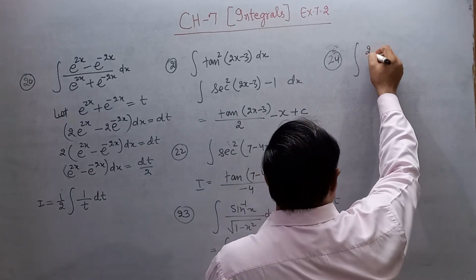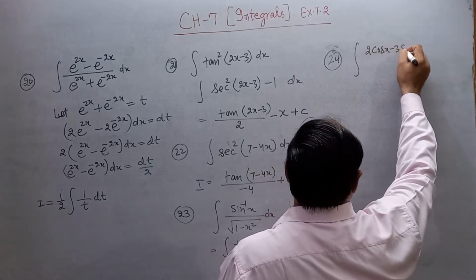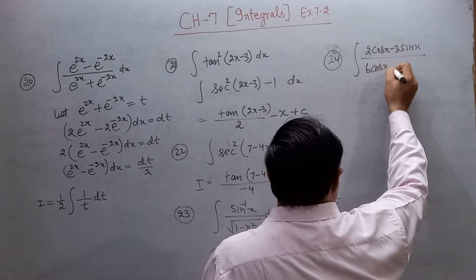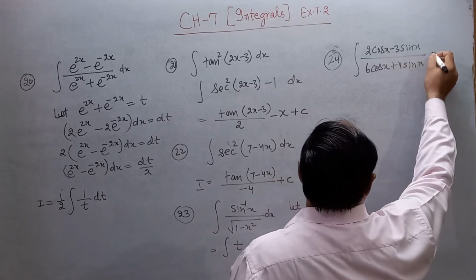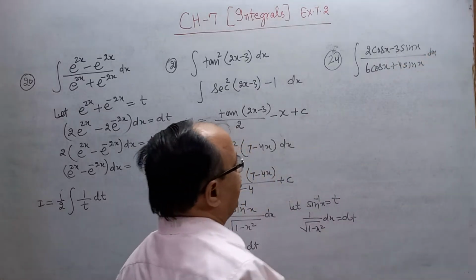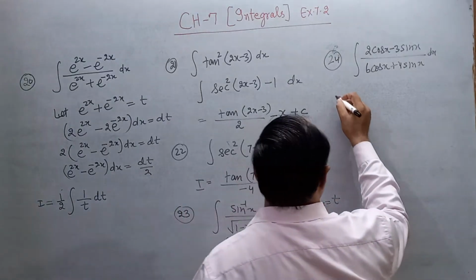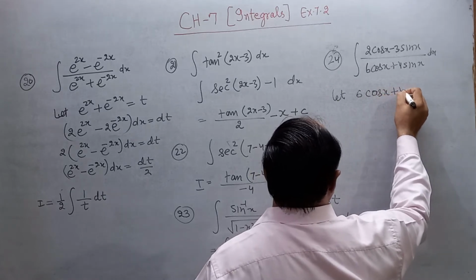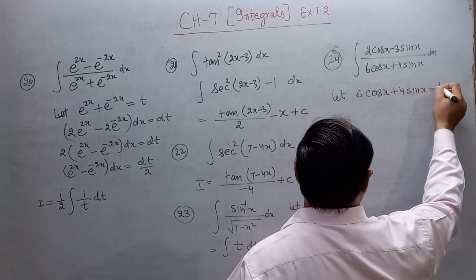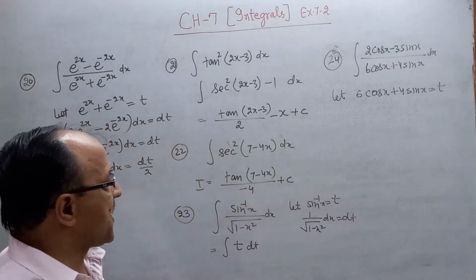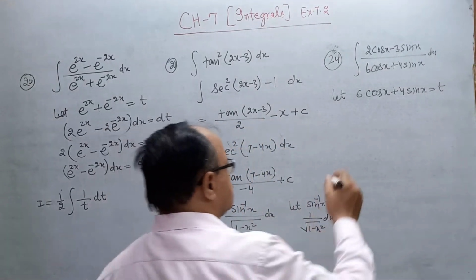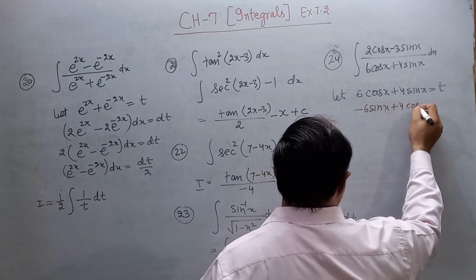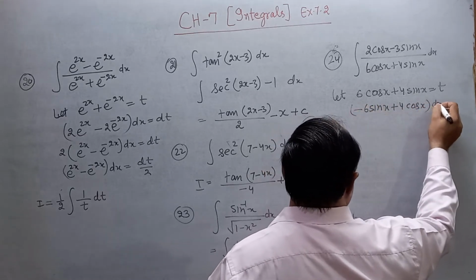24. Integration of (2 cos x minus 3 sin x) upon (6 cos x plus 4 sin x) dx. Clear? In this question let 6 cos x plus 4 sin x is equal to t. The derivative of 6 cos x is minus 6 sin x, plus 4 cos x, dx is equal to dt.